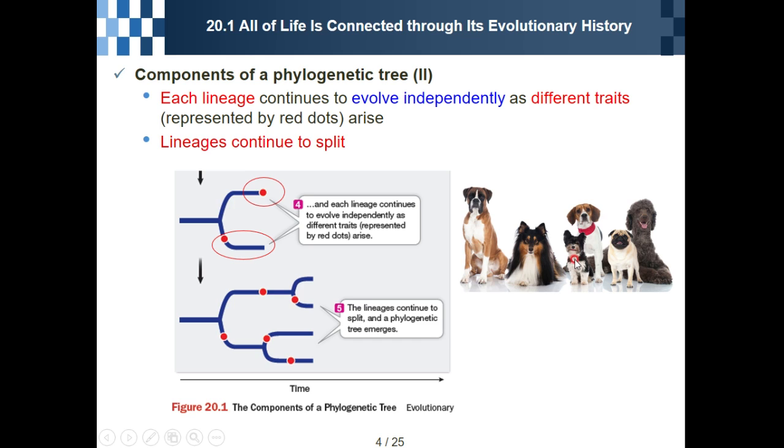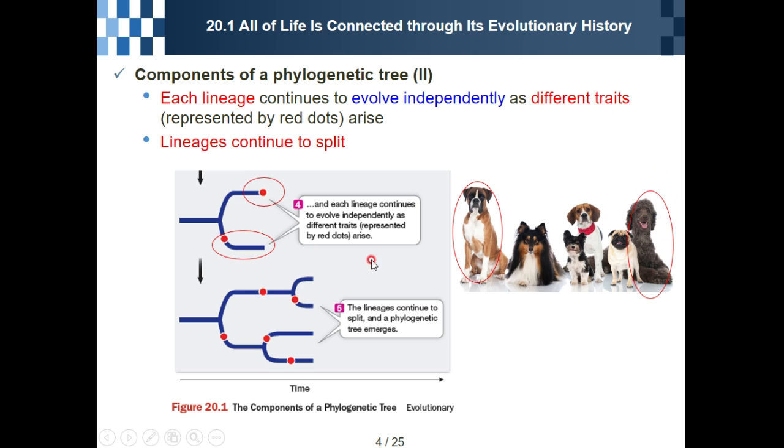Initially the original ancestor of the dog is the wolf, but one becomes like this and one becomes like this. So one became one lineage, and the other became another lineage. Each dot means a different trait. This one is a bulldog, and this other dog is like this.